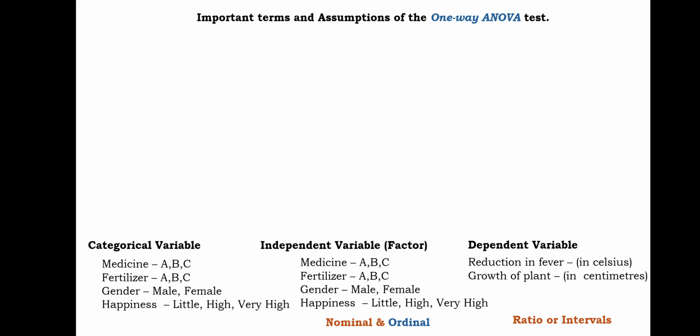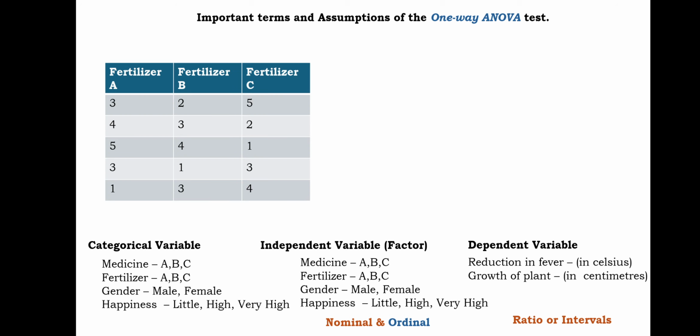Let's create a data table. This data table is a table of a categorical variable. Now, how do we know that it is a categorical variable? Because it has three categories: fertilizer A, fertilizer B, and fertilizer C. Fertilizer has an effect on the growth of a plant in centimeters.